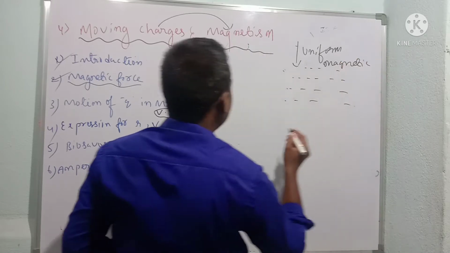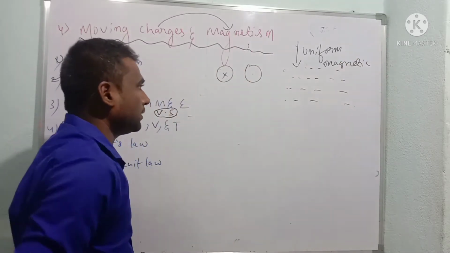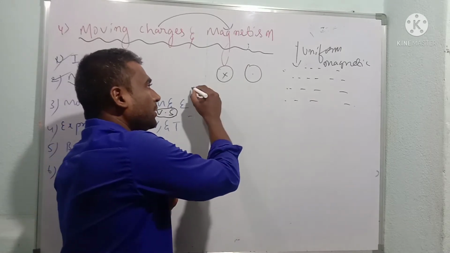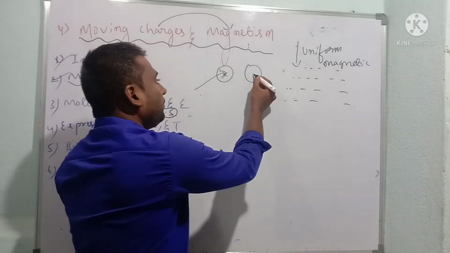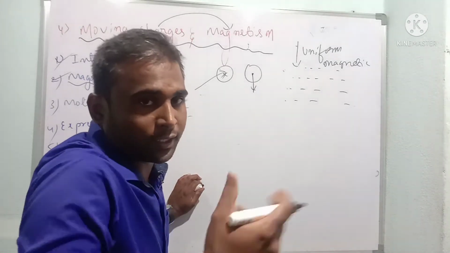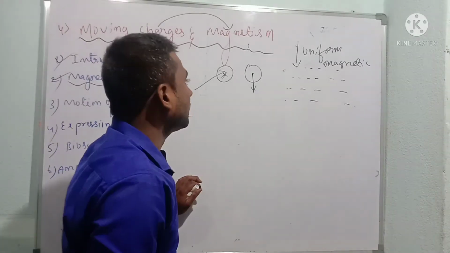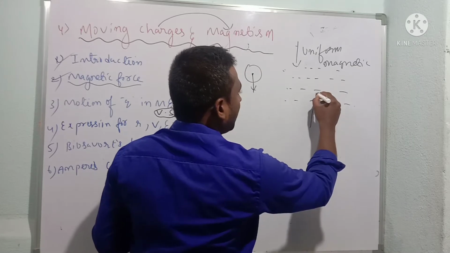Here, if the symbol is a cross, it means the current is moving into the plane. If the symbol is a dot, it means the current is moving outside the system. Now here it is a uniform magnetic field, and charged particles are moving.